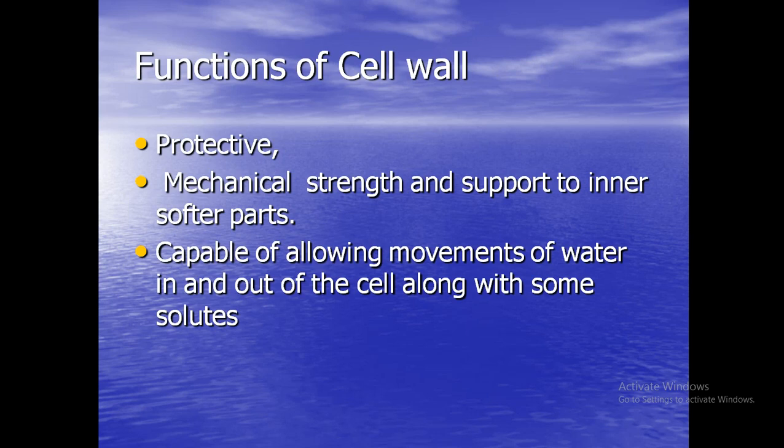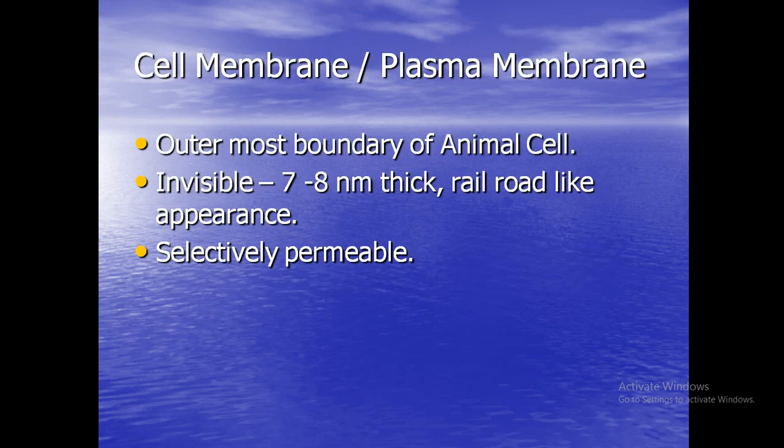Now, after the cell wall, the next one is cell membrane or plasma membrane in plant cell. And if it is animal cell, the study of cell starts with the plasma membrane because that is the external boundary for an animal cell. Because all of you know, animal cells are devoid of this cell wall. There is no cell wall.